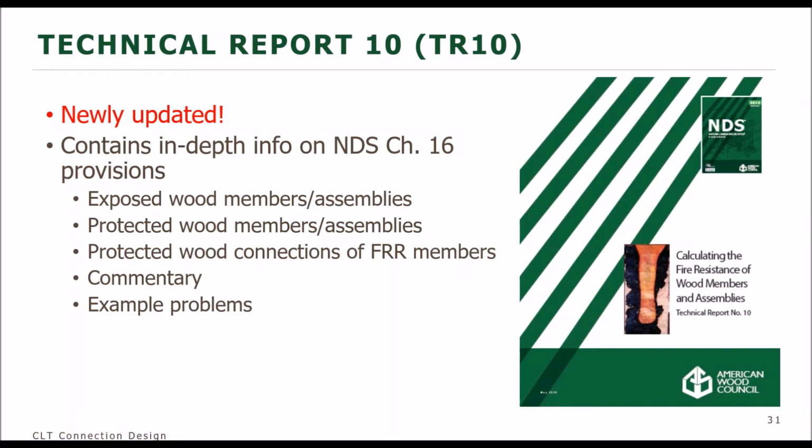It also provides information on not just exposed wood members and assemblies, but protected wood members and assemblies as well. There's also information on protected wood connections of those fire resistance rated members. And there's a really extensive commentary and some really good example problems.